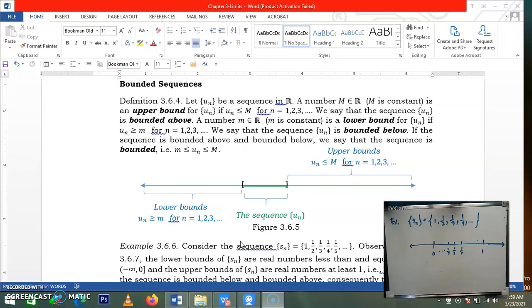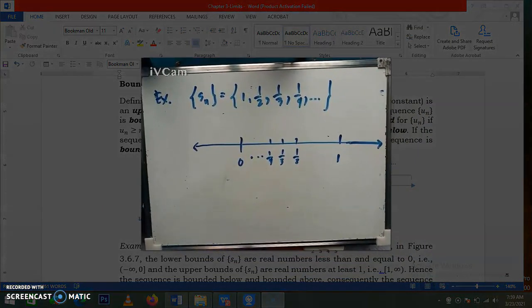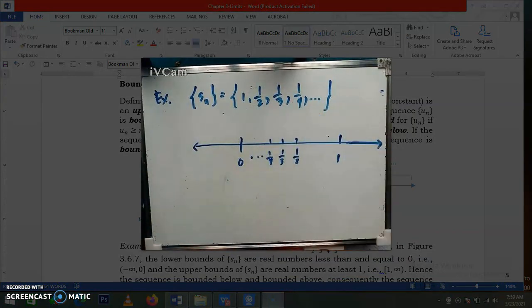So let's try to consider an example here. Consider this sequence here. We have the elements 1, 1/2, 1/3, 1/4, and so on. If you plot that on the real number line, we have this sequence. As you can see, the terms of the sequence approach 0.